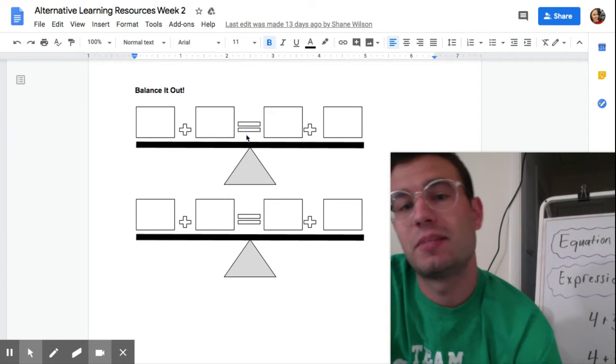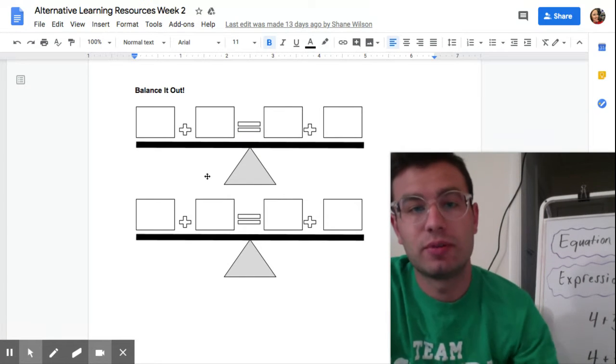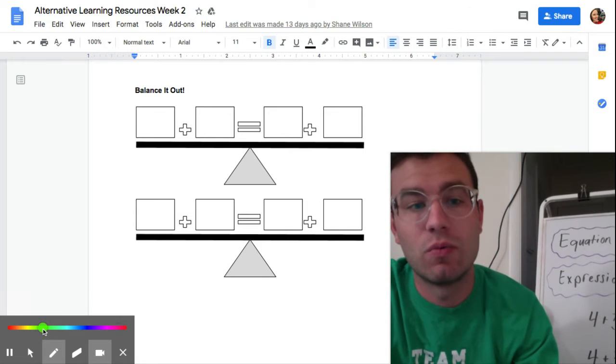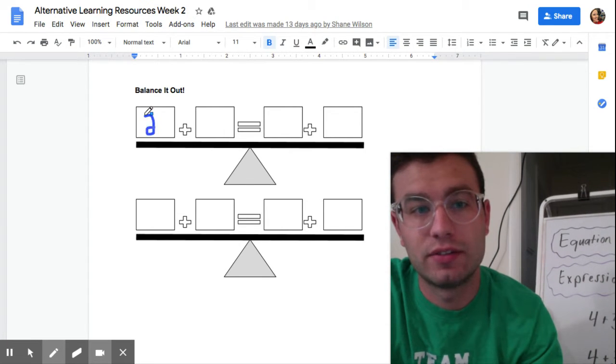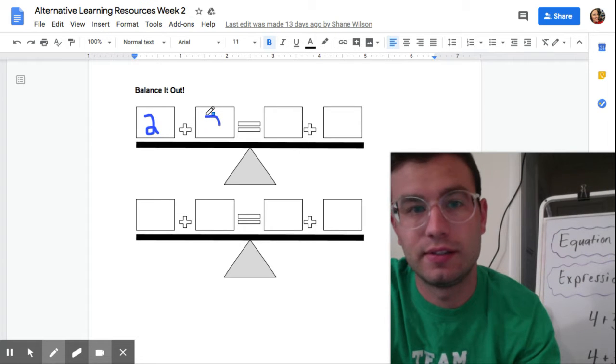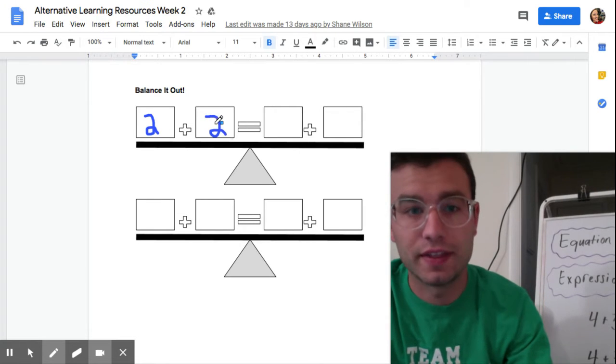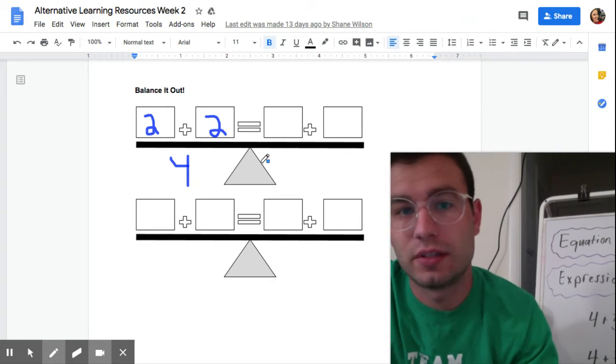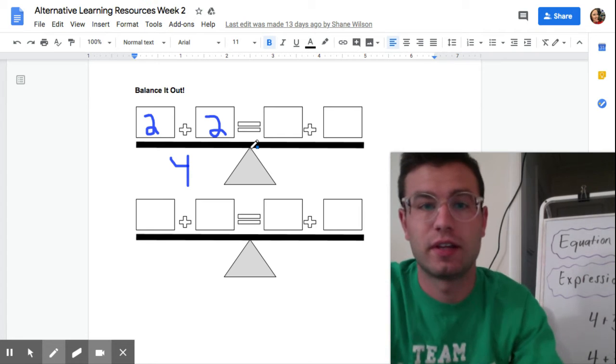So we think of this balance, right? If we were to balance this out, I'm going to write some numbers in there and I want you to think on what would balance it. So if I wrote down 2 plus, we're going to start really easy, 2 plus 2 on this side. We know 2 plus 2 is 4. So for this to balance, here's the fulcrum right here, where it pivots, okay?